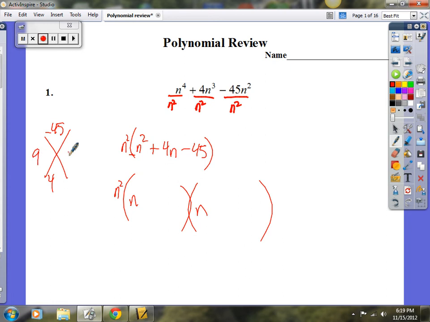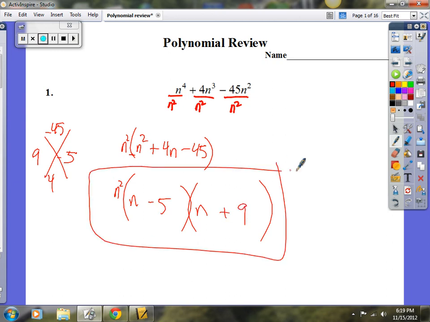It's going to be a 9 and a 5. And then one of them's got to be negative. Your 5 is going to be negative. So the answer is going to be a negative 5 here and a plus 9 there. And that is what the original problem was as a multiplication problem. And if you distribute all this through, you're going to end up with that for an answer.